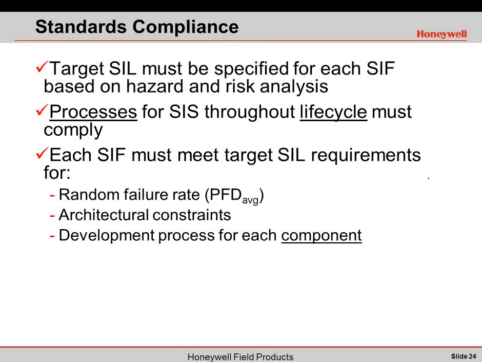Each SIF must meet the target SIL requirements for the random failure rate, once again, which is this probability of failure on demand average, over a certain period of time. That's called the test interval. You also have architectural constraints in the system and the development process for each component. In other words, each component has its own SIL rating.